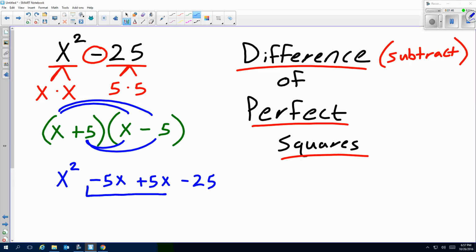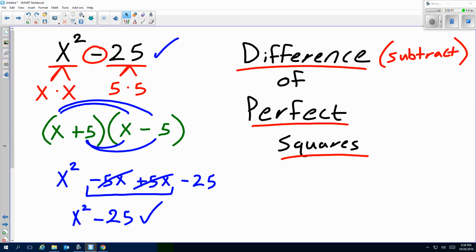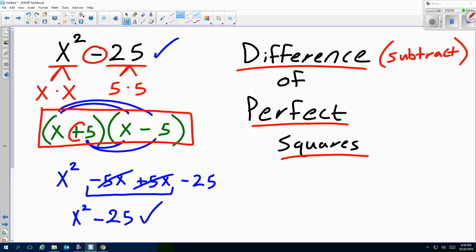Combining my like terms shows me that I'm going to get x squared, whoa, negative 5x plus 5x, those cancel, minus 25, which is what I was looking for. So the difference of perfect squares has this cool formula where you take the values that they break into, and one of them is positive and one of them is negative.